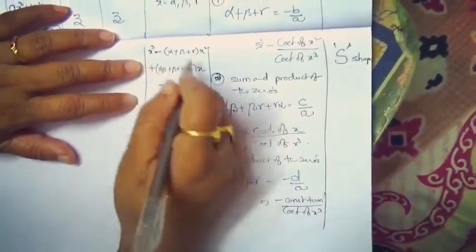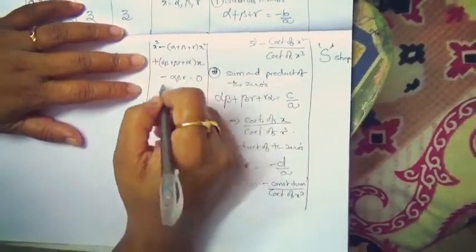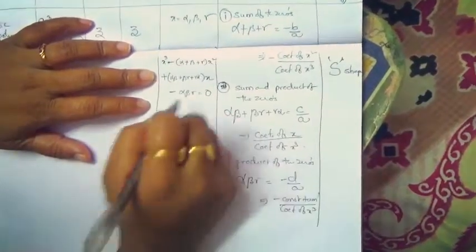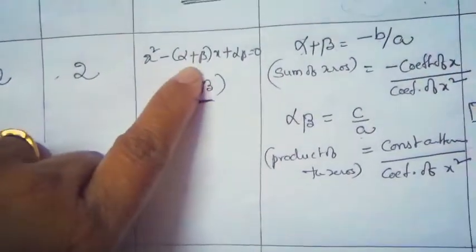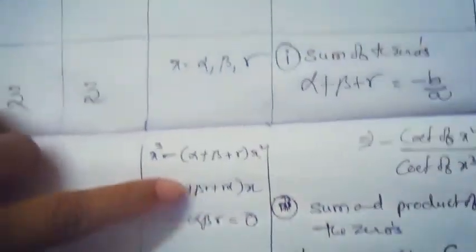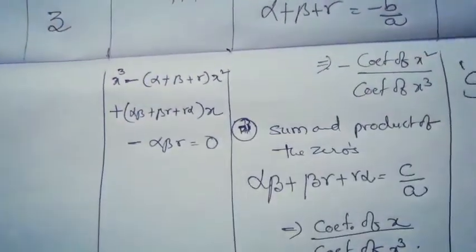It is a general equation in terms of x, in terms of the zeros and the relationships of the zeros of the polynomial. Just like x square minus (alpha plus beta) into x plus alpha beta for the quadratic equation, for the cubic equation this is the general equation in terms of zeros.